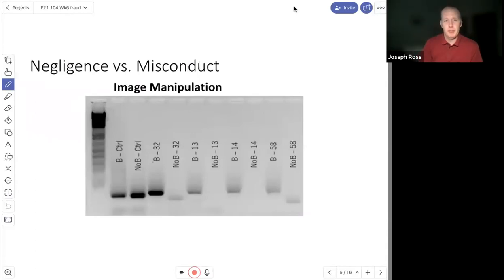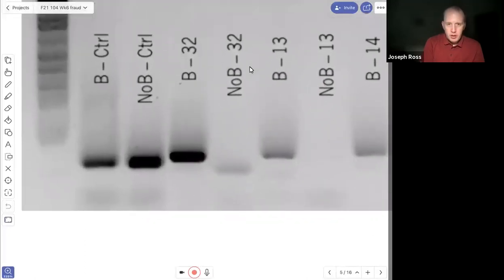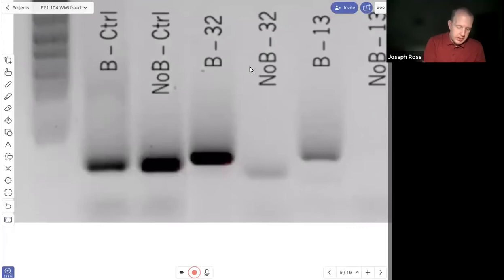Here's an example. There's something wrong with this image that scientists spotted. It's really subtle, but it suggested to them that this image had been manipulated. See if you can spot it. Here's what somebody found that made them suspect that this image had been doctored. If we zoom in, you'll see that between two lanes on this agarose gel, which I'm circling here with the laser pointer, there's a striking difference.